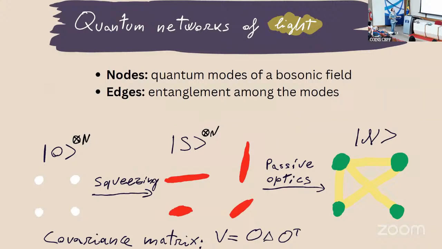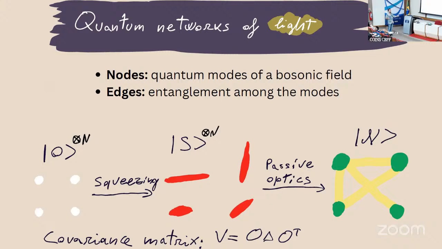So what is a quantum network of light? It has a very simple and elegant description in terms of symplectic geometry. We can fully characterize this system using the moments of canonical operators, which, in the language of harmonic oscillators, are the position and the momentum. In the case of light, we have no position and momentum. This is just the real and imaginary part of the electromagnetic field.